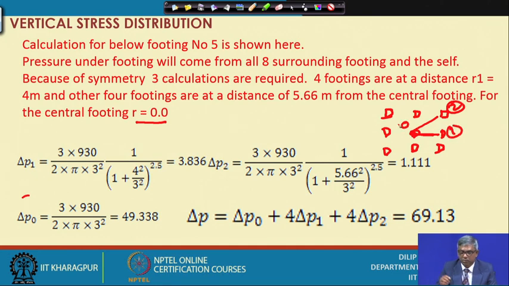I am calling this footing 1, this one 2, and this 0. The distance from this to this will be 4, and from this to this will be 4 root 2.